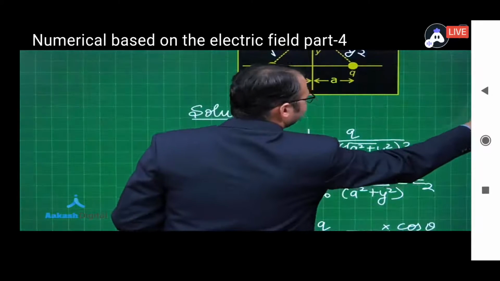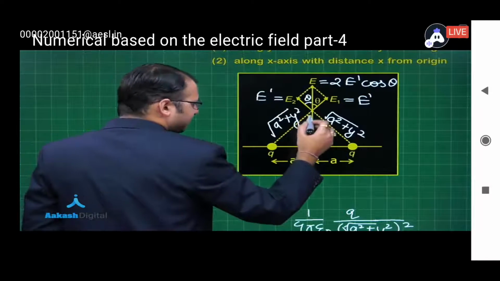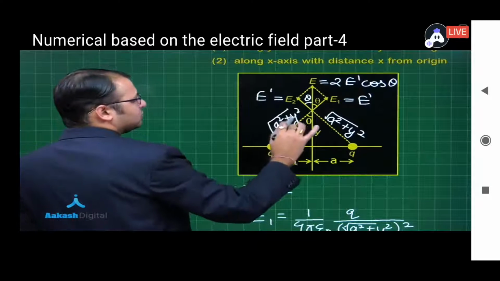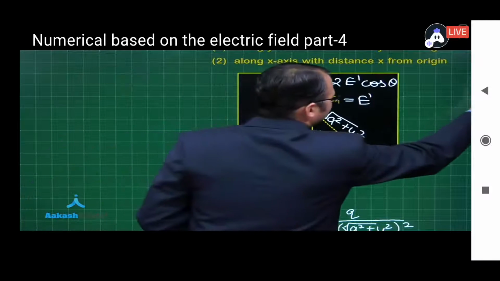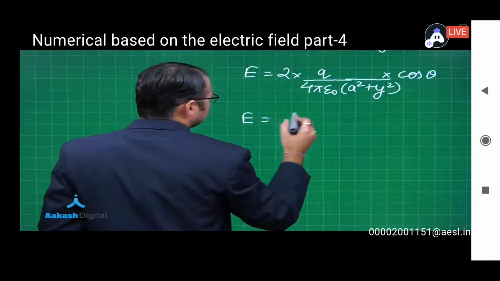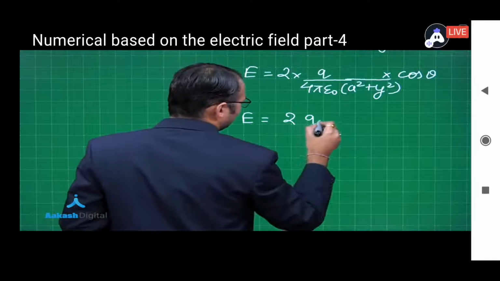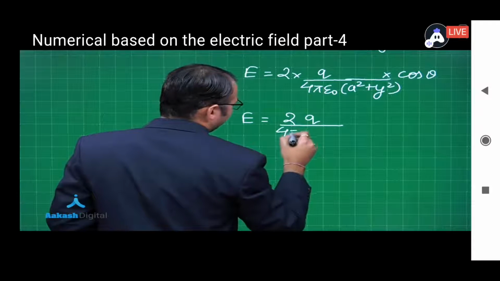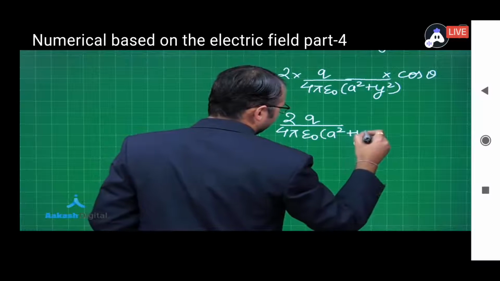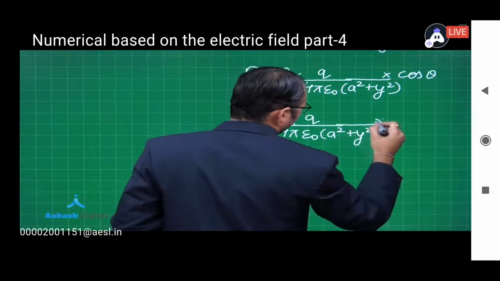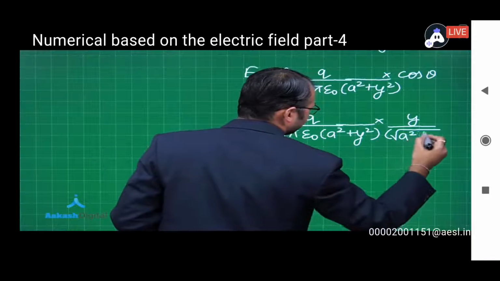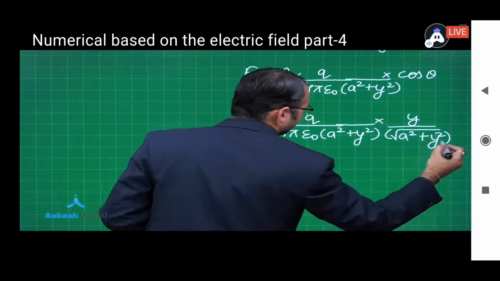So let's understand here that for this theta, the base would be y and the hypotenuse would be root over a square plus y square. So let's put down this value of cos theta. You will get E as 2q upon 4 pi epsilon naught into a square plus y square, into y upon root over of a square plus y square.